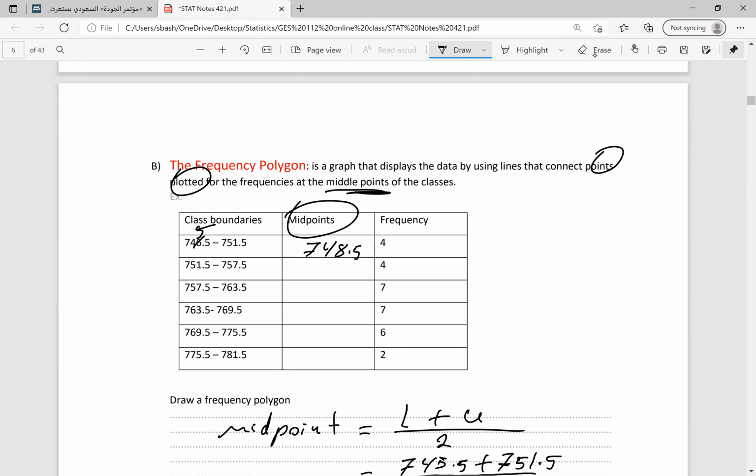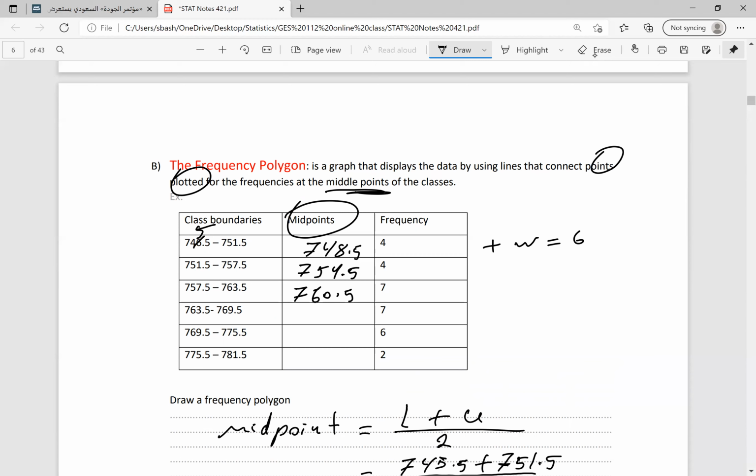I can do this for each one of the classes, or I just simply add the class width, which is equal to 6 in this example. So we can add 6 each time. So next one will be 754.5. Next one will be 760.5.